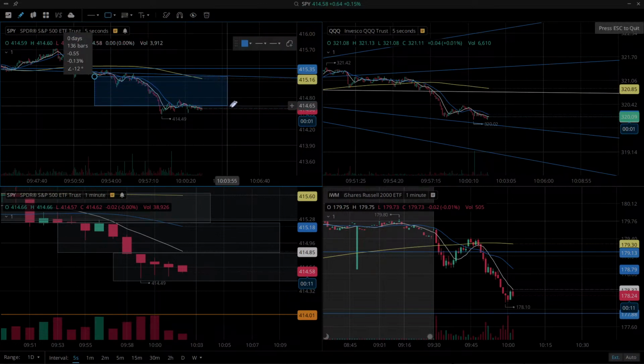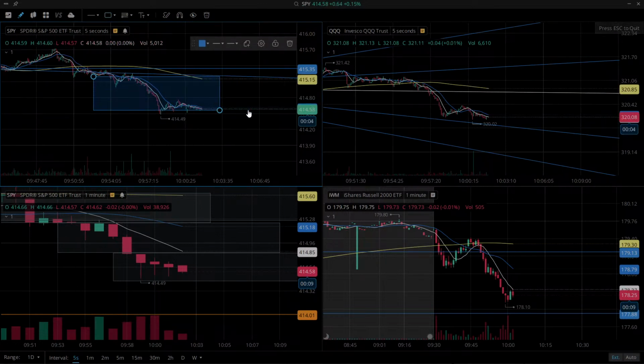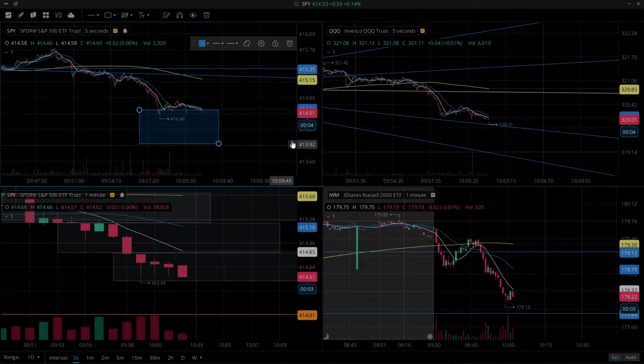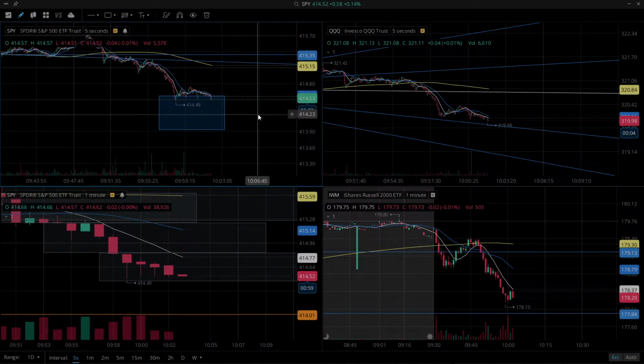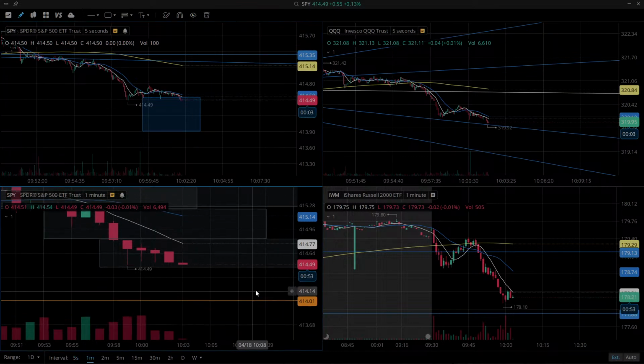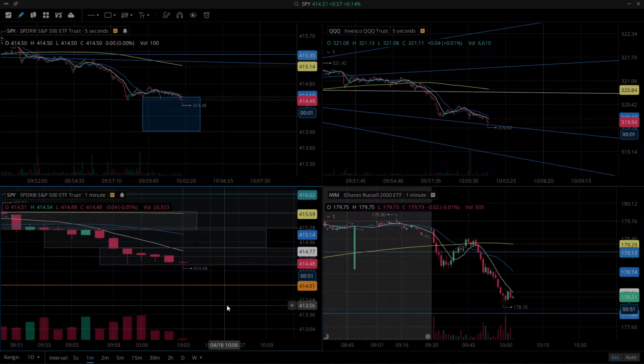Draw a new box. Yeah, so I had an order triggered at 419.3, so I'm 10 points in. A 1-for-1 takes us straight to that 414 pivot. It's starting right now. Which gives us 3-for-1.